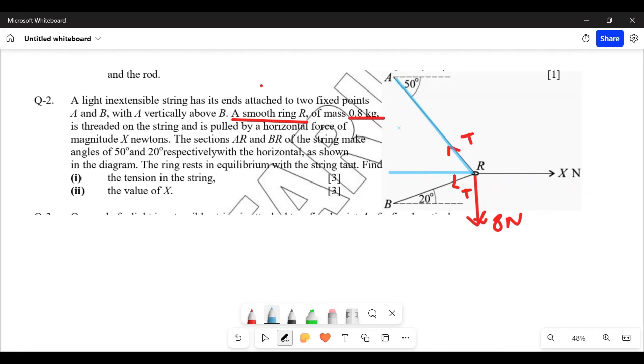Let's form this as our triangle. The up component is the opposite component, since it's opposite to the angle, and the opposite component is always the sine component. So there is a vertically upward force, which is T sin 50.